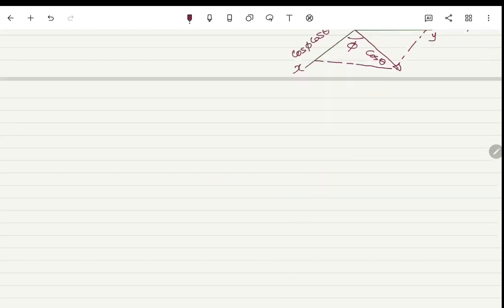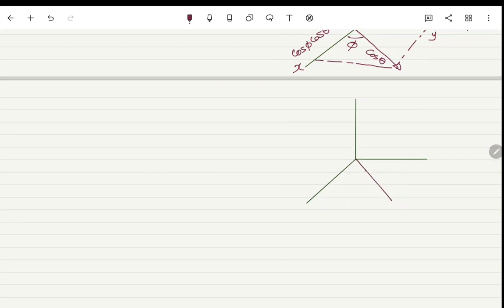Now let's find phi hat in terms of I, j, k. Remember, when you draw a sphere, you first draw the radius, this one here. If this is phi right here, this will be phi hat, which makes 90 degrees with this one right here. So if you just make this one right here like this one here, if this is phi, this will be 90 minus phi, and this is 90, so this will be phi.